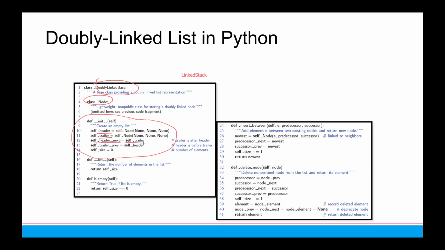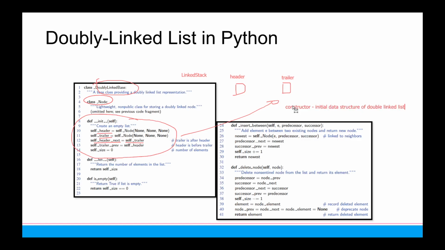If there is nothing inside, the header's next is the trailer. This is the initiate, or we call this the constructor for the initial data structure of the linked list.